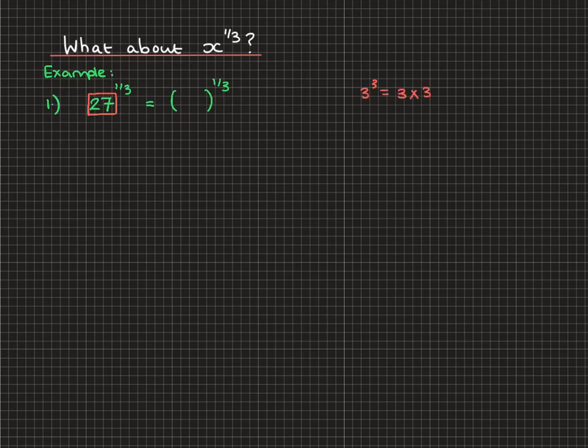Remember that? 3 multiplied by 3 multiplied by 3 makes 27. So I'm replacing the 27 with 3 cubed. Using the law here, again, where we multiply our indices, gives me 3 to the power of 1. So 27 to the third is 3 to the power of 1.